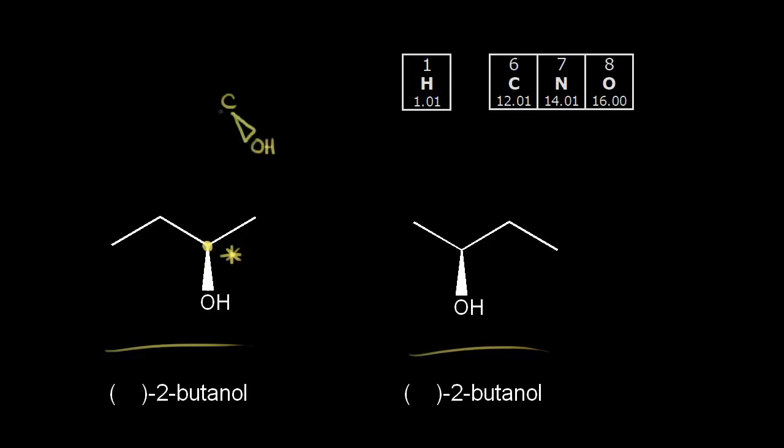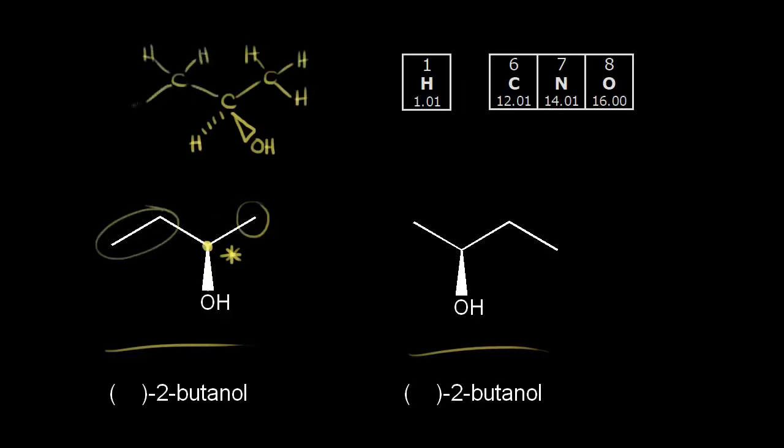We know that hydrogen is there going away from us, so that's a dash. So even though it's not drawn in, we already know it's there. To the right we have a methyl group, so a CH3. And then finally to the left we have an ethyl group, so that would be a CH2 and then a CH3.